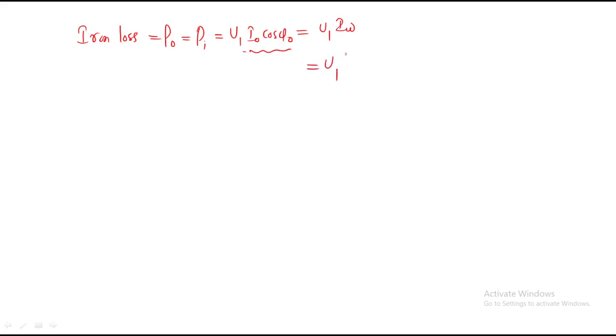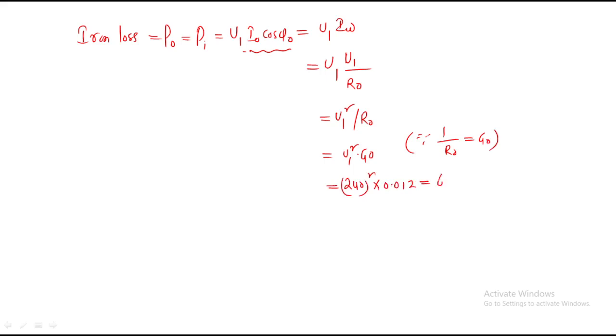Working component of current is equal to supply voltage by R naught, so that is supply voltage square by R naught, which is equal to supply voltage square into Y naught, since 1 by R naught is equal to conductance. So supply voltage is 240 whole square into Y naught, which is 0.012. The iron loss component is 691.2 watts. Clear? This is the iron loss component.